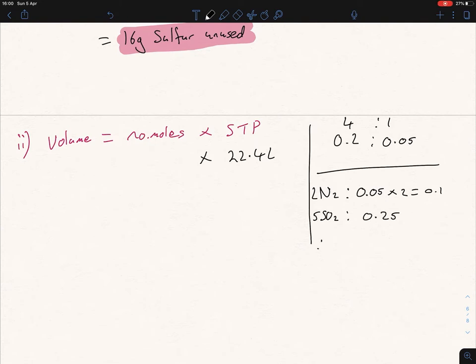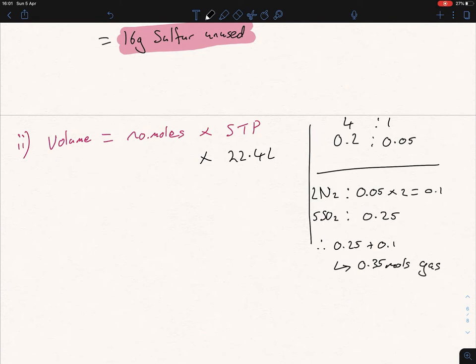So therefore, if you just add them up, 0.25 plus 0.1, you will be left with 0.35. 0.35 moles of gas.